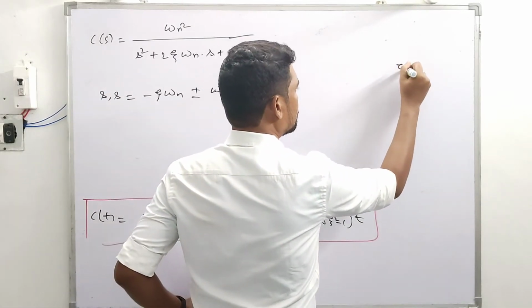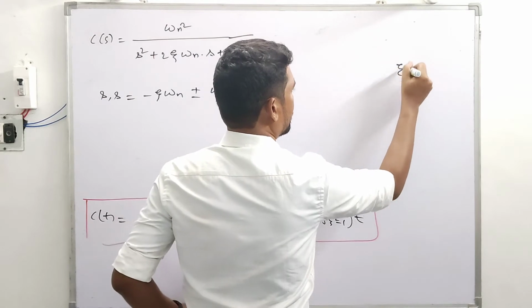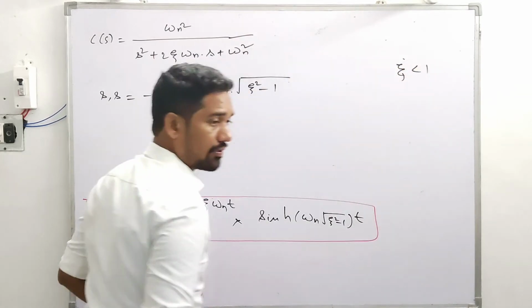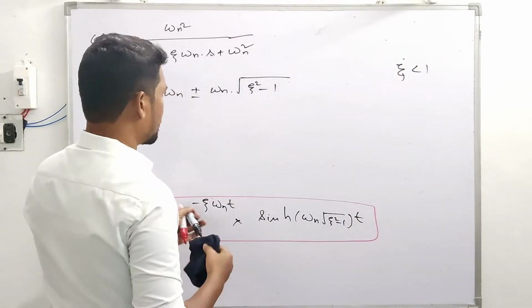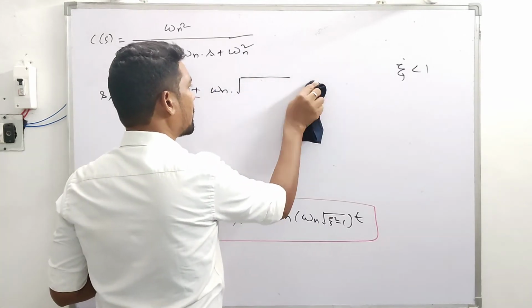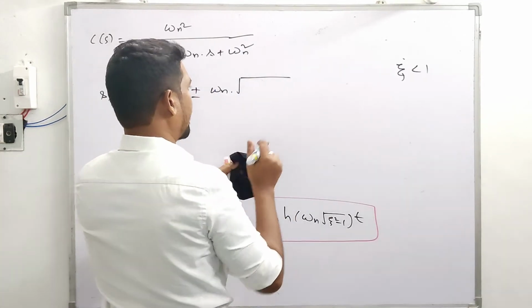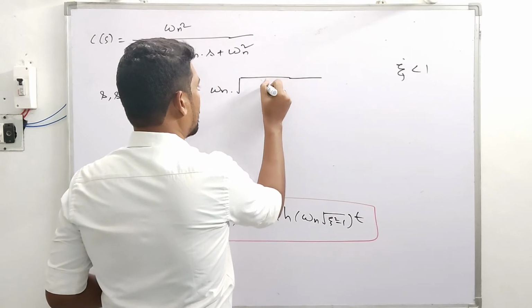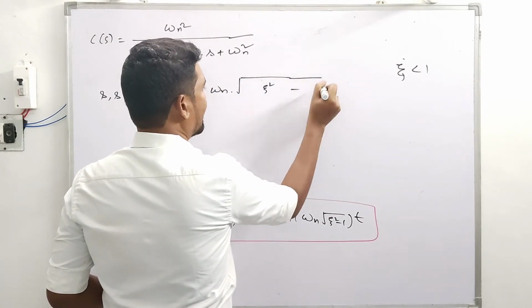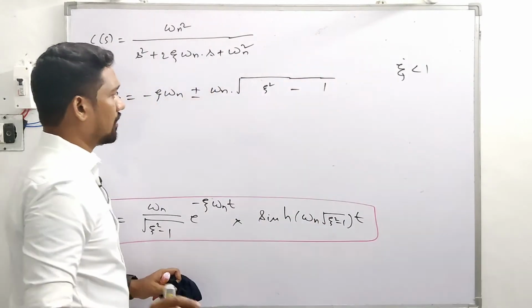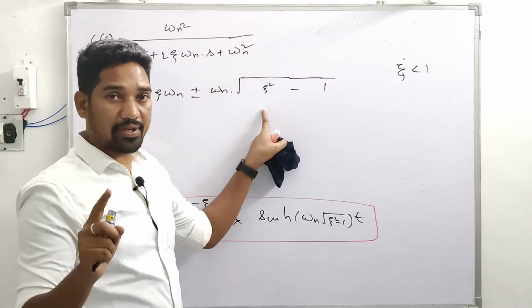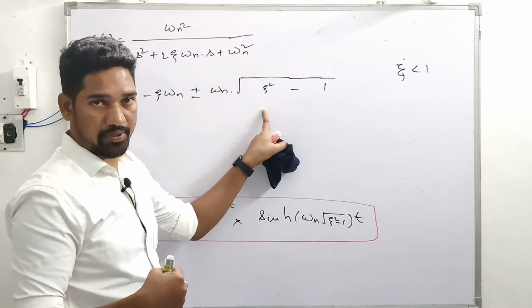For the case zeta less than 1. All right, doing some analysis inside the bracket. What was over here? Zeta square minus 1.